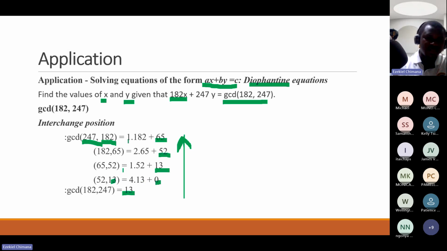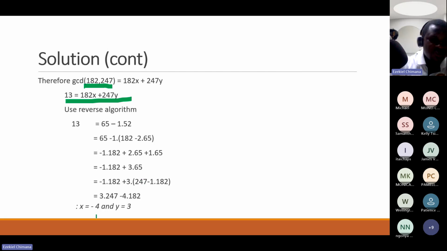Not this one. If you look at this one, we've got 1 times 52 plus 13 is equal to 65. That's what we have there, right? So from that statement, we have 13 is equal to 65 minus 1 times 52.